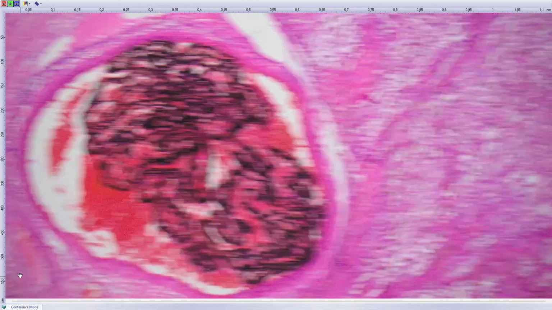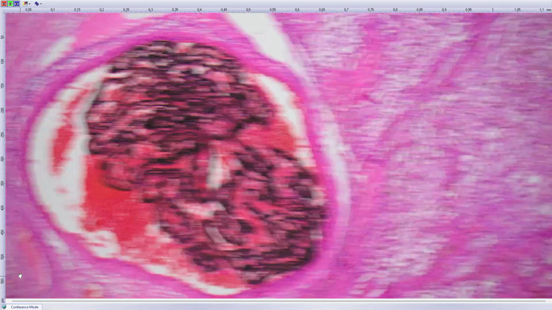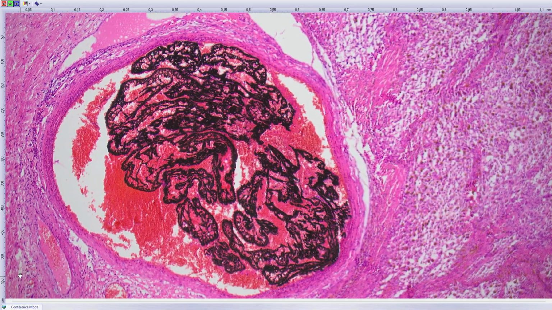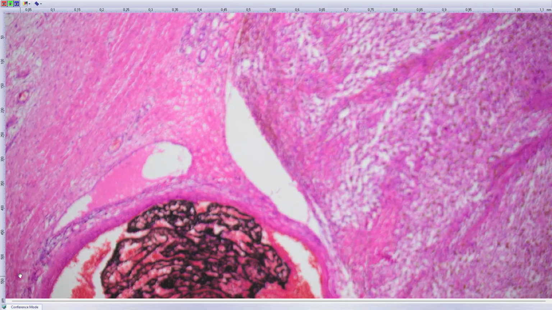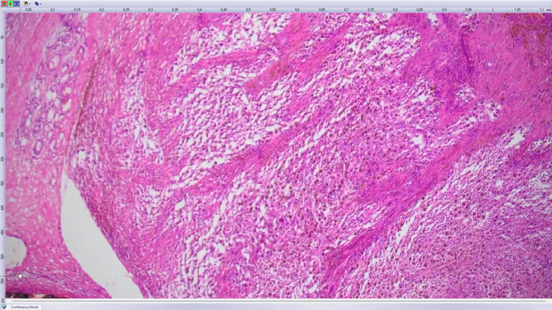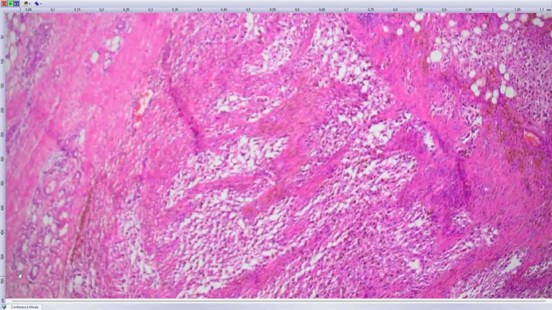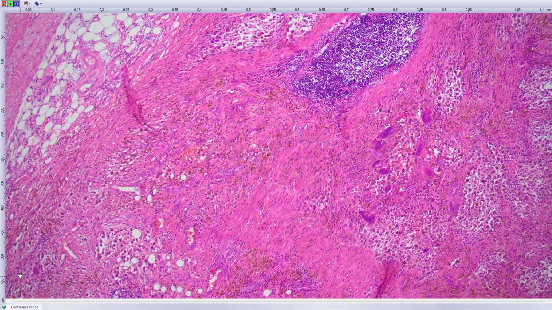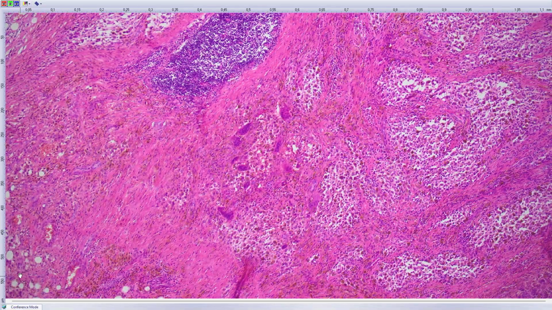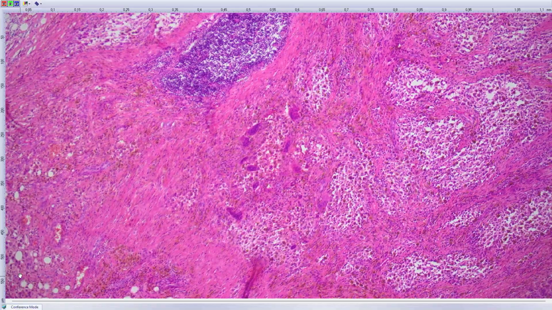So the diagnosis is tenosynovial giant cell tumor. In this example, it's so-called diffuse type because it's diffusely involving the joint and even destroying the joint. And it didn't show any signs of malignancy. Still, you may have this so-called benign tenosynovial giant cell tumor and still may give rise to metastatic deposits in the lungs.